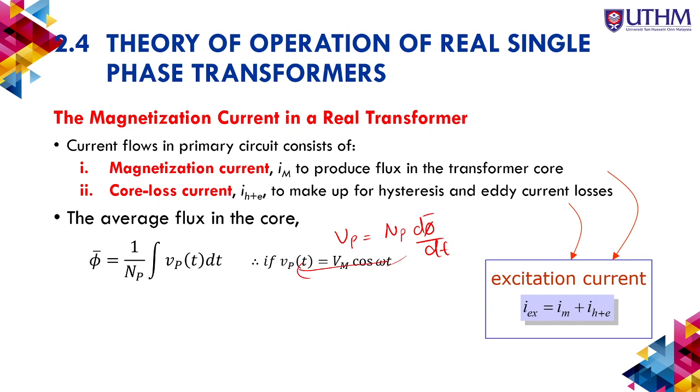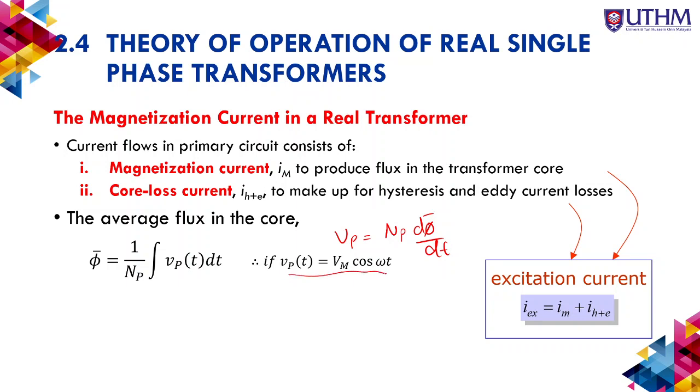So the average flux. You can imagine that if Vp is the cause, they mention here, if Vp is equal to Vm, where Vm is the maximum magnitude.